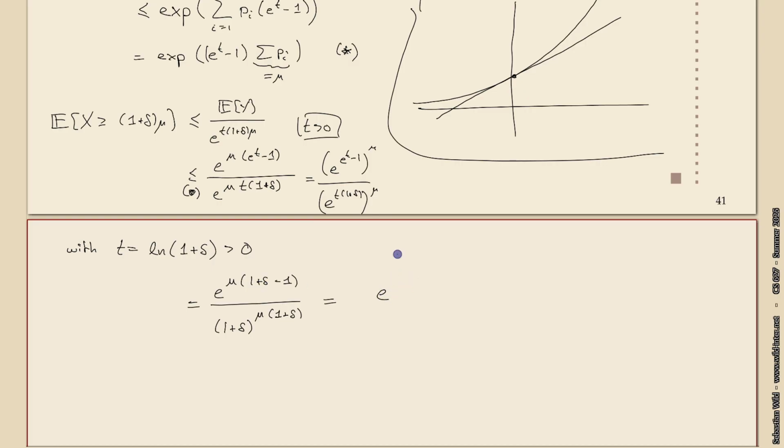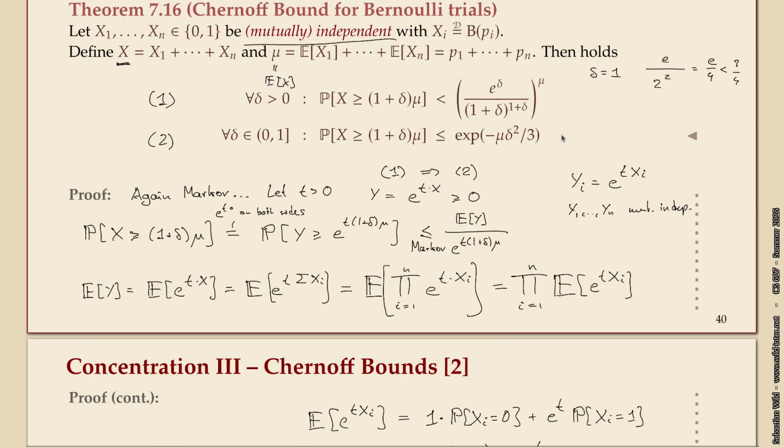The 1 cancels, right? It's just e to the delta divided by this longer term, 1 plus delta to the 1 plus delta, the whole thing to the power mu. Okay, that's finally what we wanted to prove.